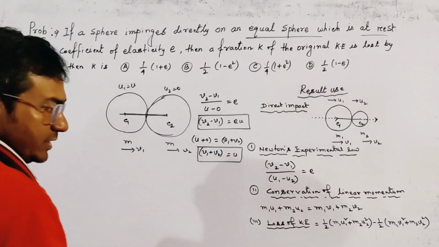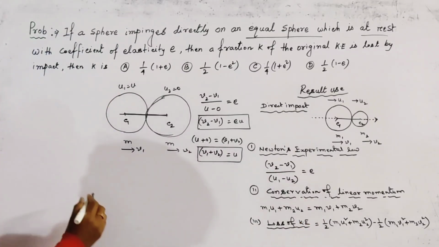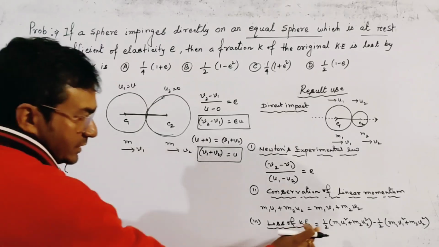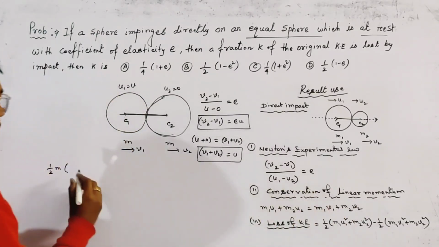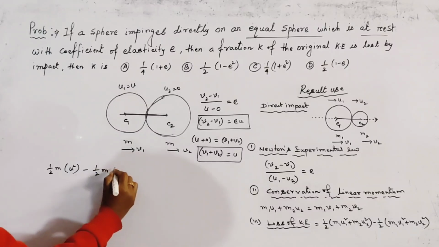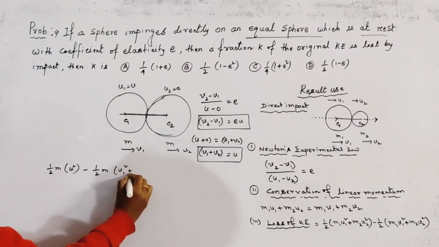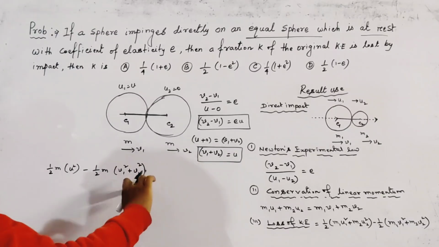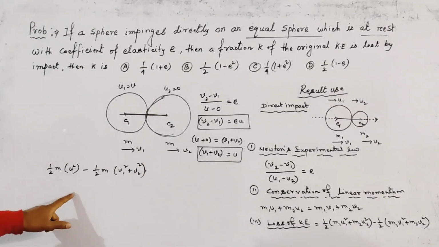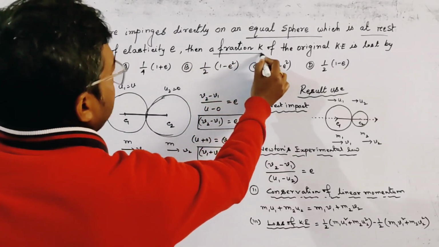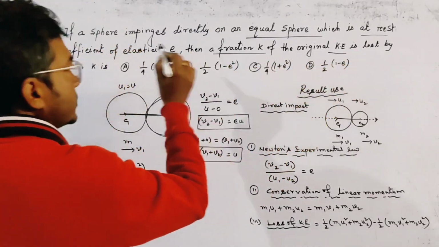Now we have to find the loss of kinetic energy. The loss of kinetic energy is half m u square minus half m into (v1 square plus v2 square). It is said that a fraction k of the original kinetic energy is lost.